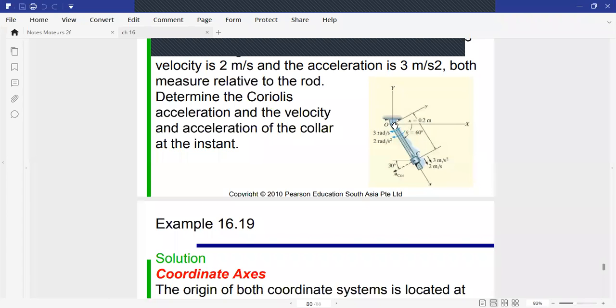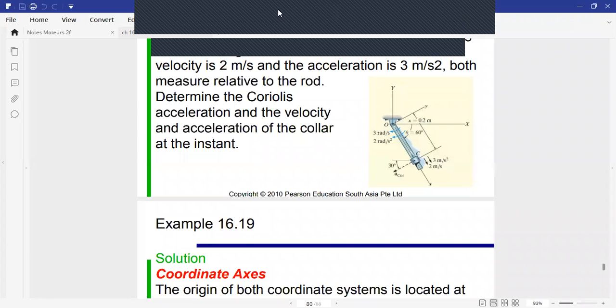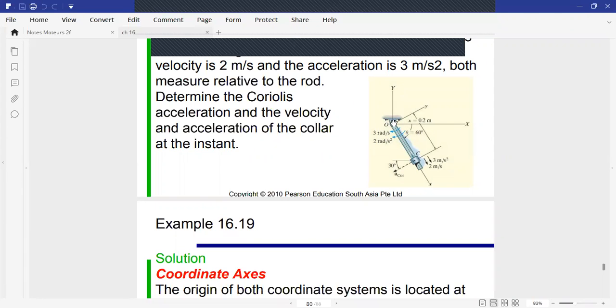The k. K is common for both: it's the same for big I, big J, big K and small i, small j, small k. It's perpendicular to the screen.